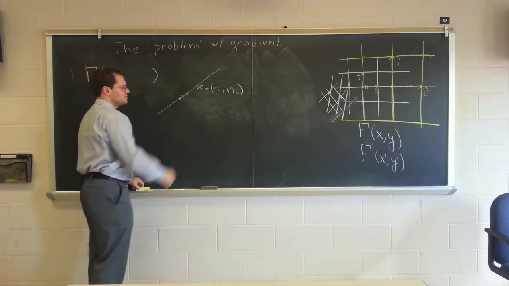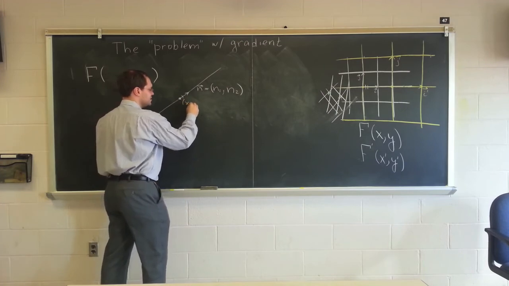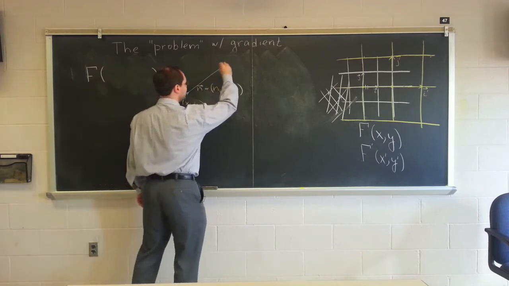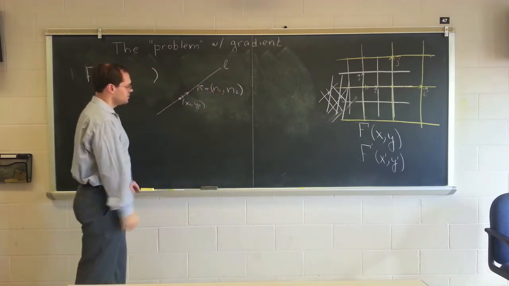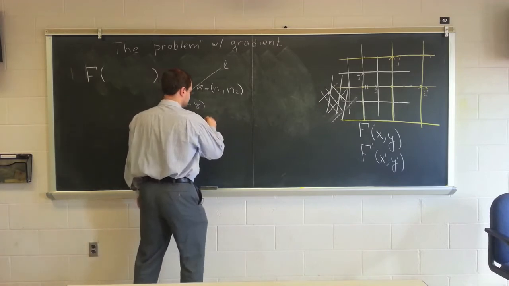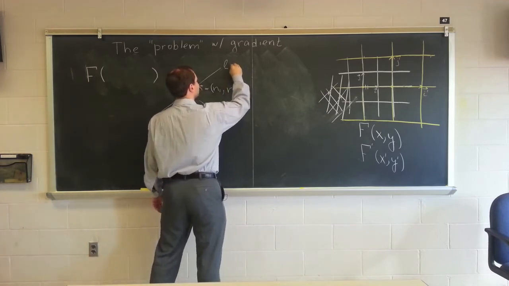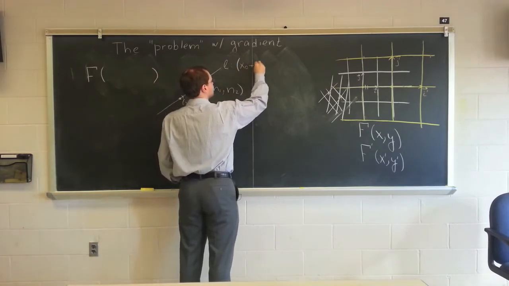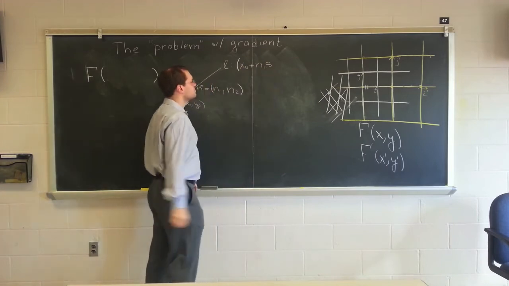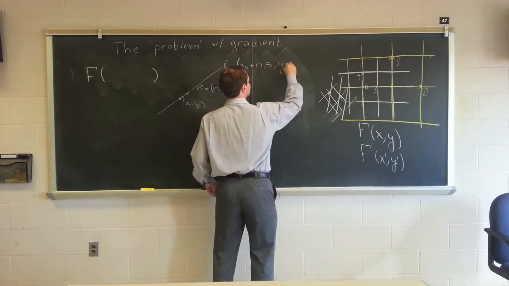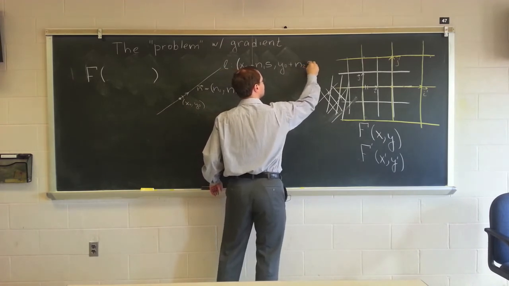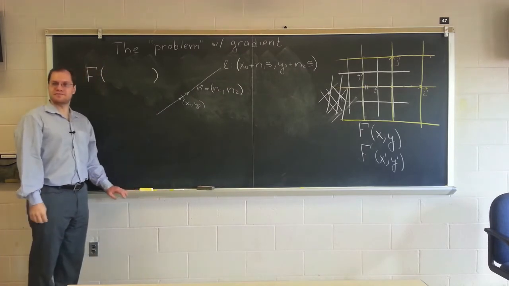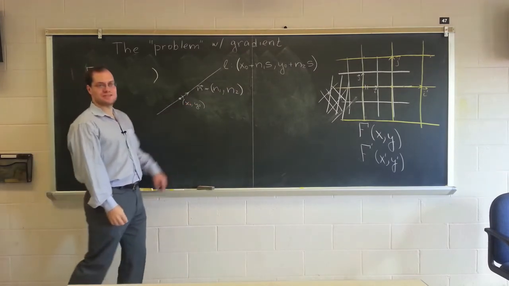If this is the point x0, y0, then this line L has the following equation: x0 plus n1 s, y0 plus n2 s. This works if n is the unit vector. That's the parametrization of this line.